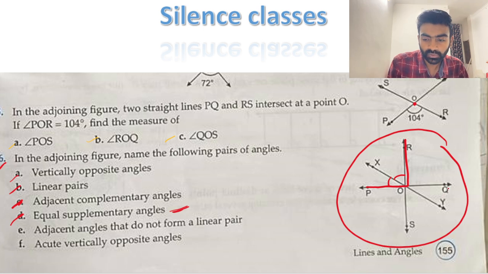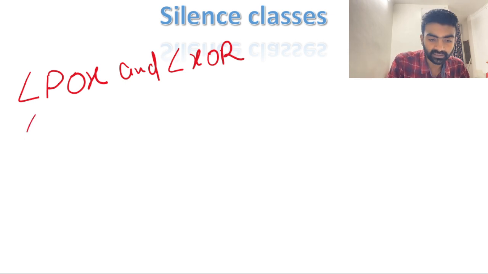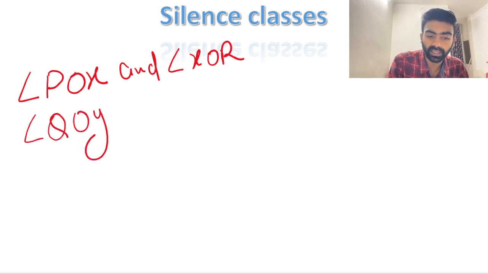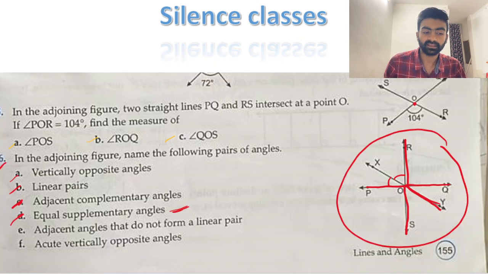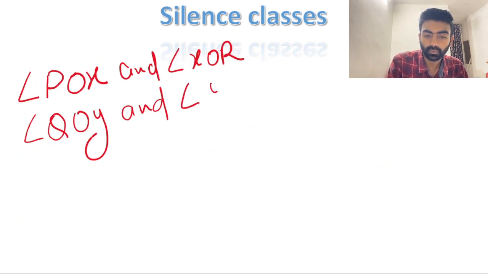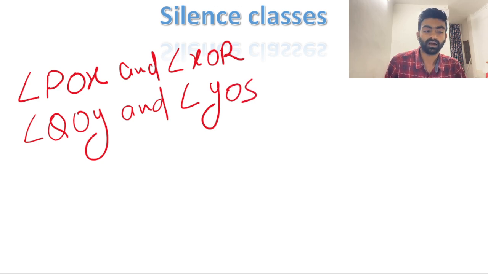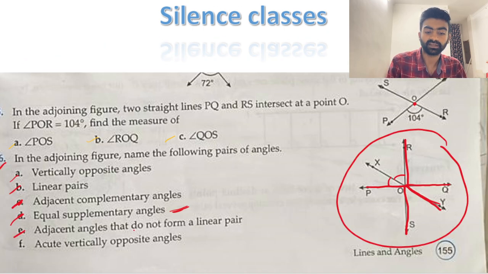Likewise, we can do it in this one also, because there are adjacent angles here, but they are not forming 180 degrees, or you can say a linear pair of angles. So we can write it down: angle QOY and angle YOS are adjacent angles that do not form a linear pair.